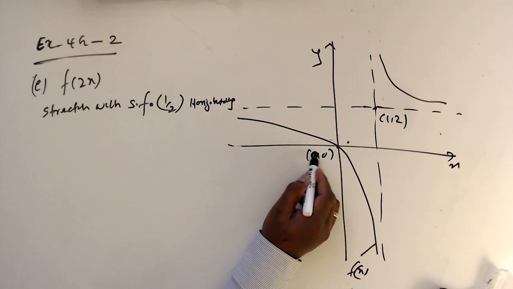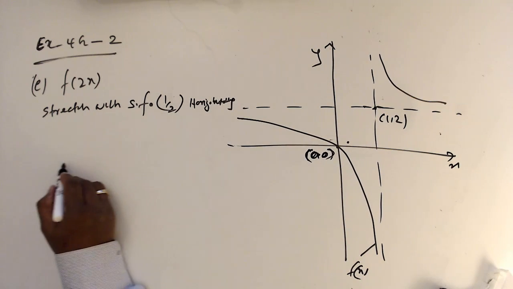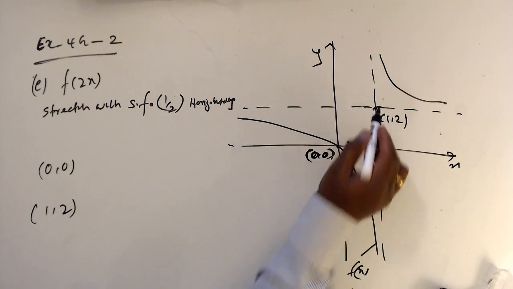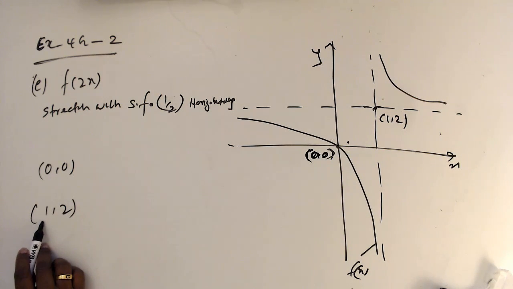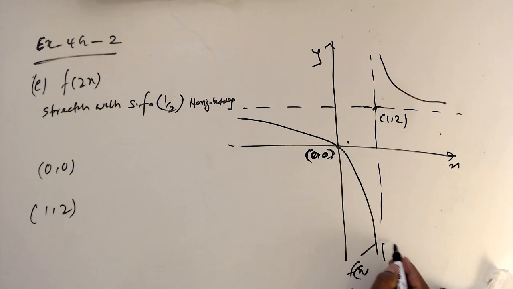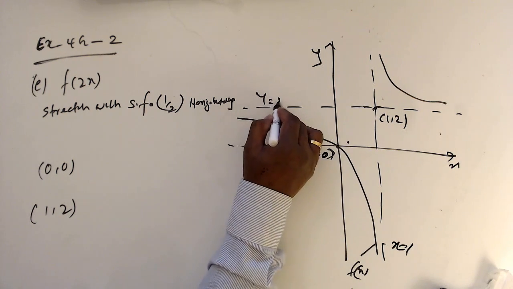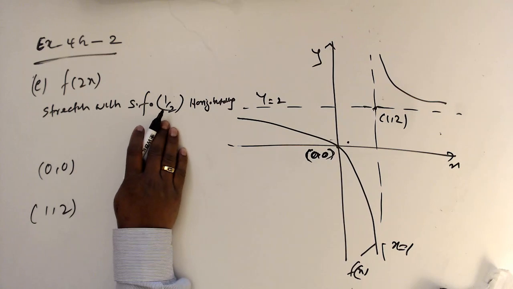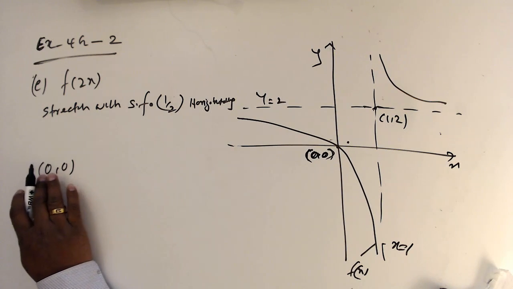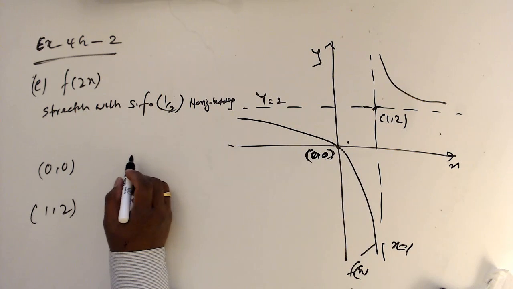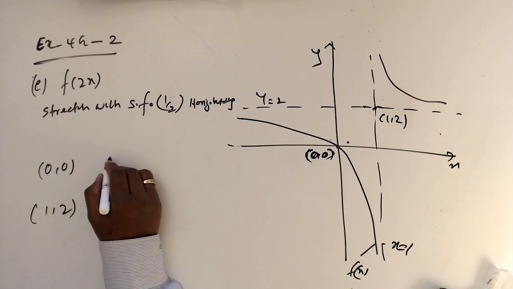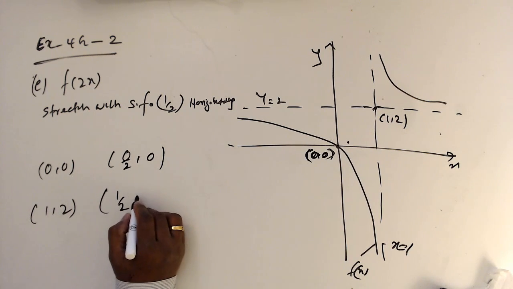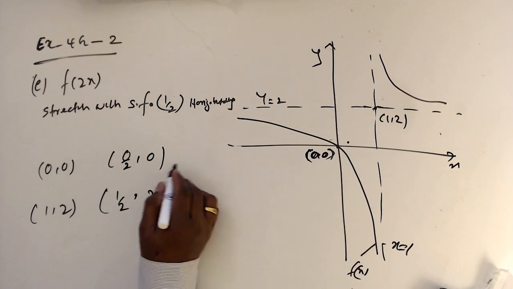Now I'll take 0, 0. I'll take another point 1, 2. I know x equal 1 is the vertical asymptote, and y equal 2 is the horizontal asymptote. Now I want to multiply the x value by half, or divide by 2. Both same. So 0 divided by 2 and 1 divided by 2, and the y value is fixed.